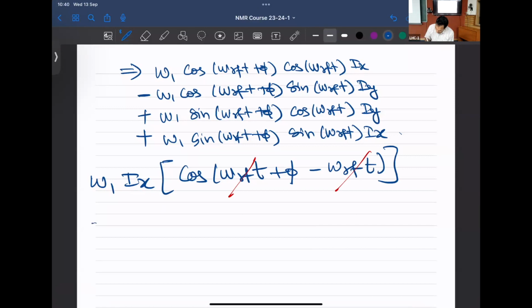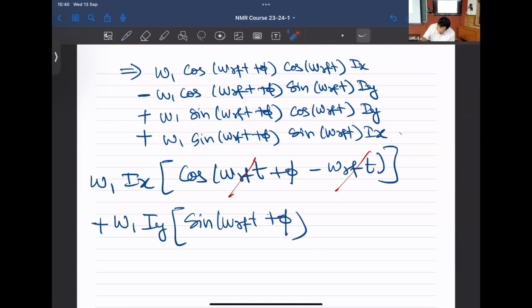Let me say plus omega 1 Iy sine omega r of t plus phi. You have a sine A cos B minus cos A sine B. This is sine of A minus B, correct? So therefore, this is also going to be minus omega r of t.